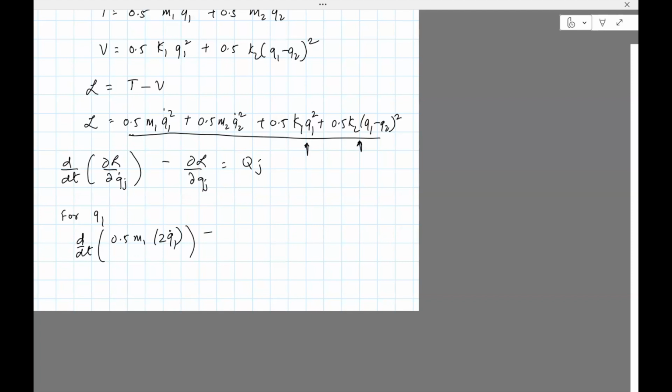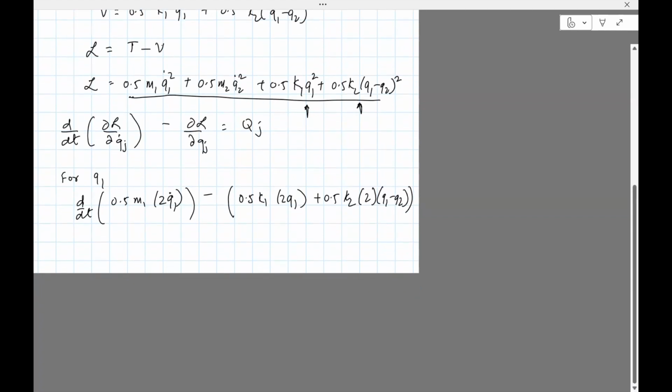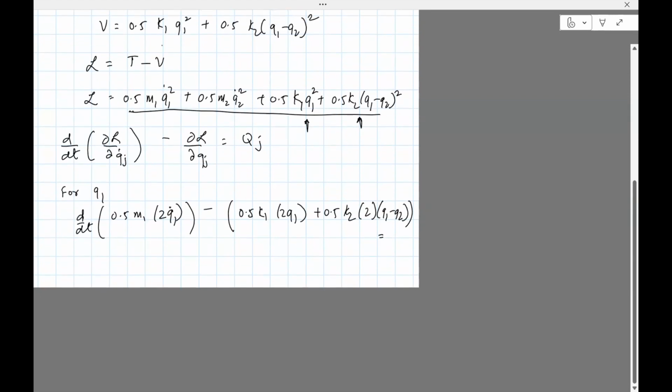So that would be 0.5 K1 twice Q1 plus 0.5 K2 times 2 times Q1 minus Q2. Okay, and this is all equal to Qj, the external force on 1, which will be U1.